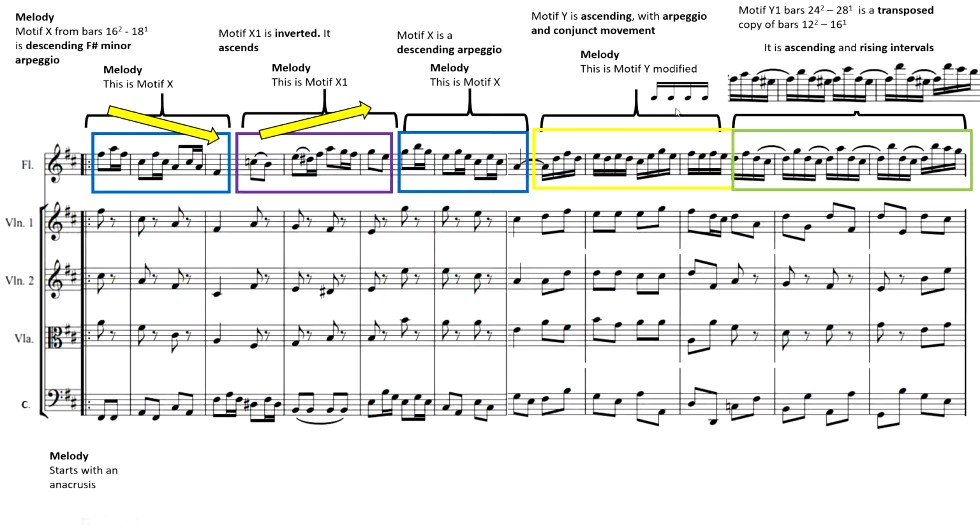So here you'll be able to see this is from section A. It's much higher. And this is section B's Y1 motif. It's much lower. It's the exact same shape, same intervals. It is exactly the same, but just different notes. And that is what transpose means.